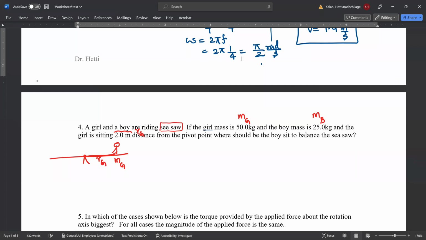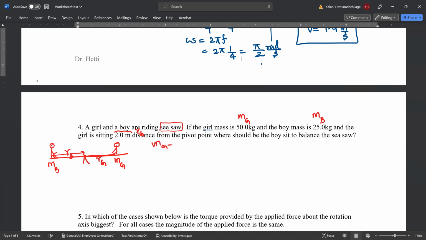Okay, RG and MG is given, but there is a boy sitting here and mass of boy, there is no distance known yet, but we're going to find this distance as our boy, right? So let's write down what we know first.